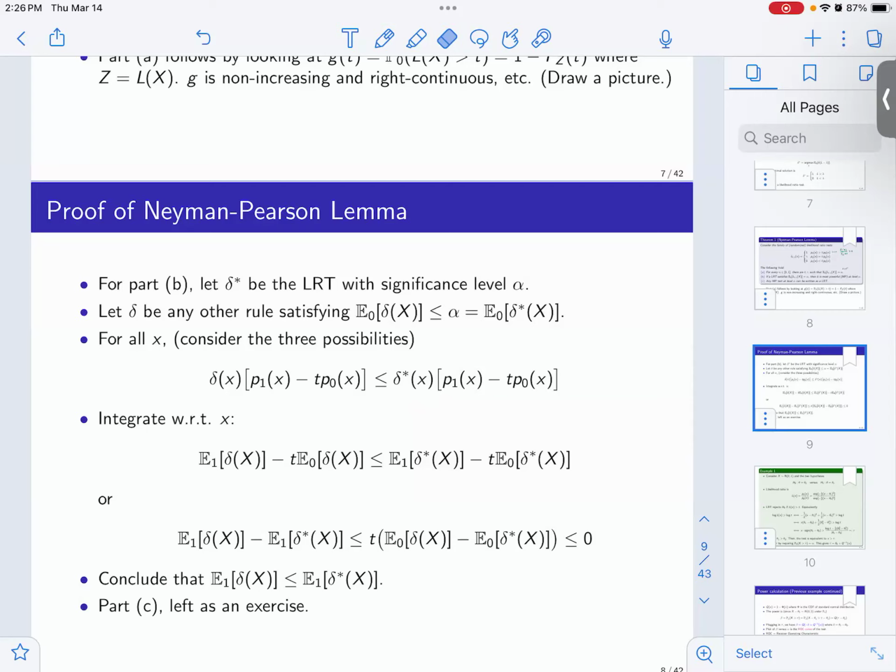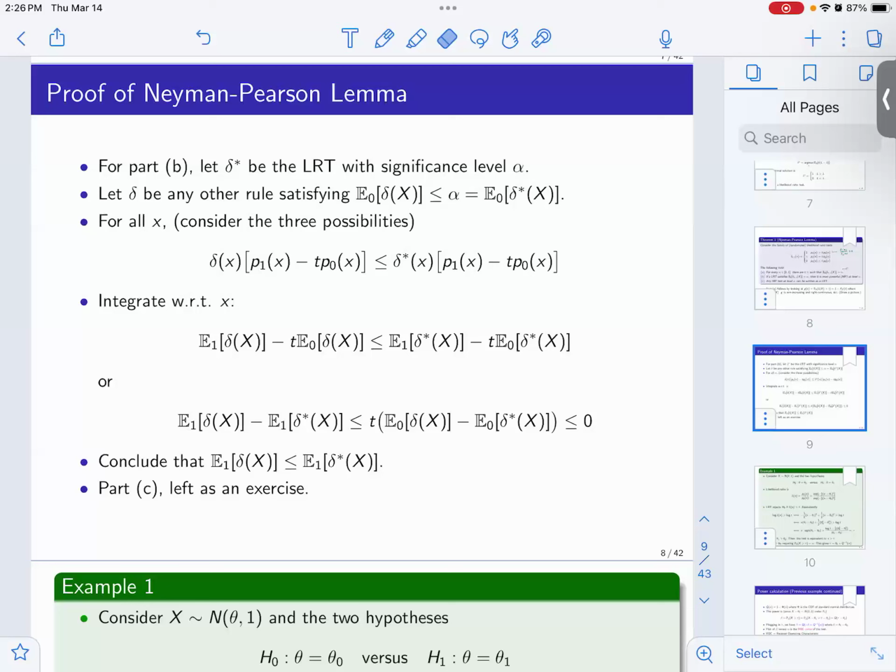Then I'll take the equation and integrate both sides. If you integrate, you get E1 delta x minus P0 delta x, and E1 delta star x minus P0 delta star x. You rearrange, you arrive at this inequality. That's the same thing that we did.